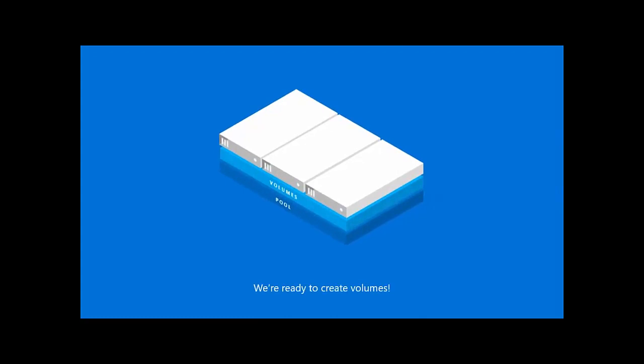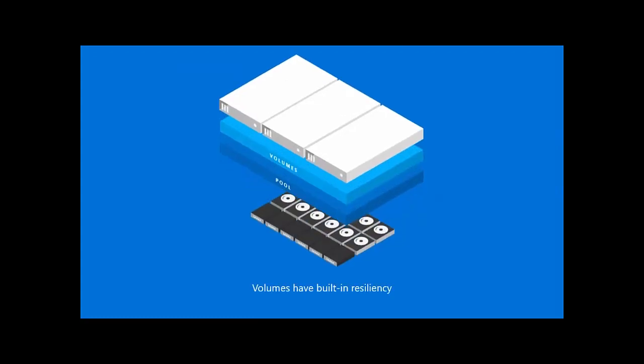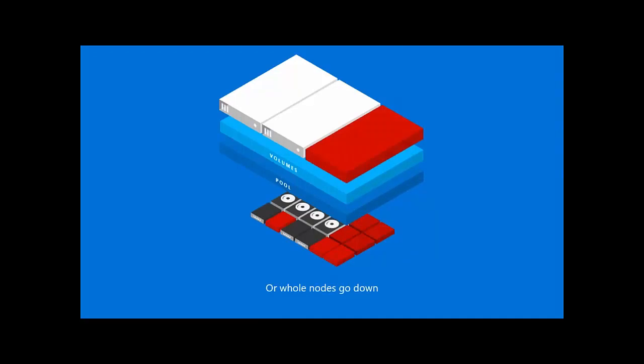Now, at this point we have our 3-node cluster, we've created the volumes, we've created the pools, so let's move forward and actually show how this has the built-in resiliency. If we simulate a drive failure inside of my cluster, or even an individual host failure, or perhaps I have a massive multi-node, multi-rack deployment, what if an entire rack of servers or a PDU inside of that rack goes down, causing everything to go offline?